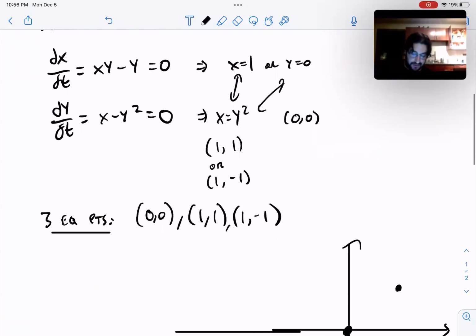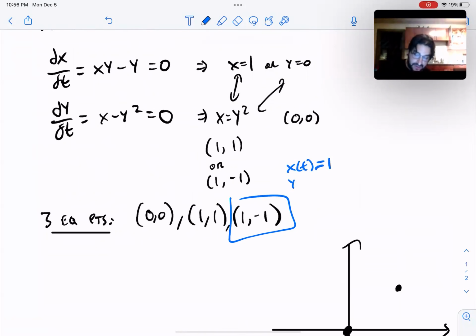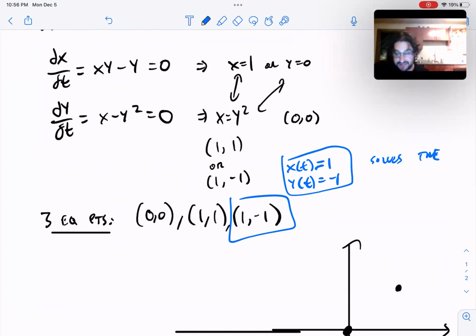For example, this one right here says that the parametric curve x of t equals 1, the constant function 1, y of t equals minus 1, the constant function minus 1, solves the system. That parametric curve is just a dot. It just stays there. That's actually a solution to the system.